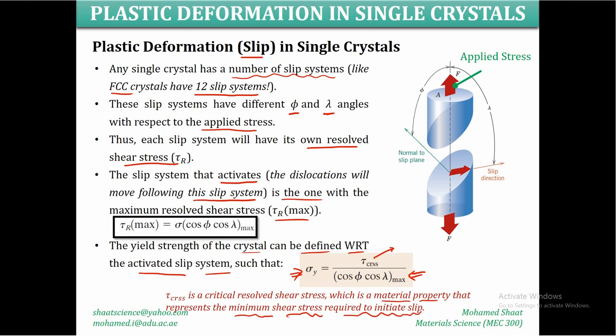This is the minimum value of the shear stress required to initiate the movement of the dislocation inside the material microstructure following a specific slip system. If you divide this critical value by the maximum resolved shear stress for this crystal, depending on its slip system, you're going to end up with an approximate value of the yield strength of this material. Make sense?